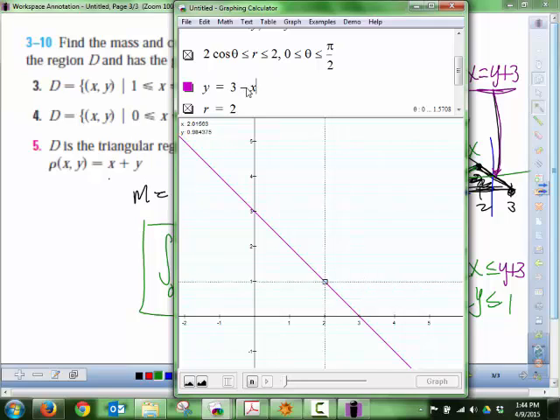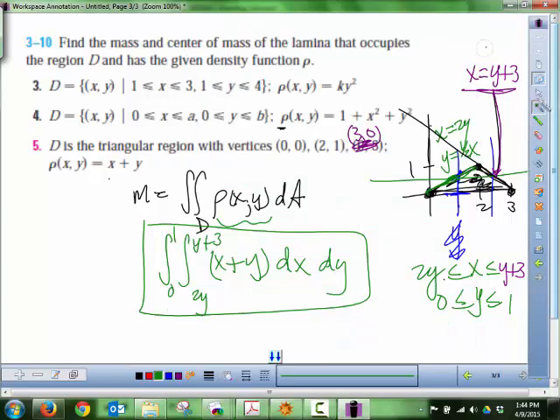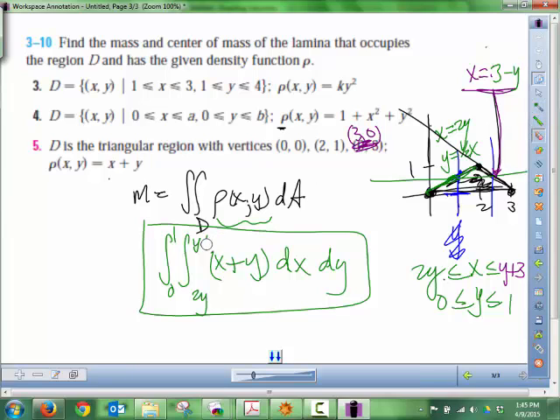So that means I want x by itself. x is 3 minus y, right? Okay. Minus y.